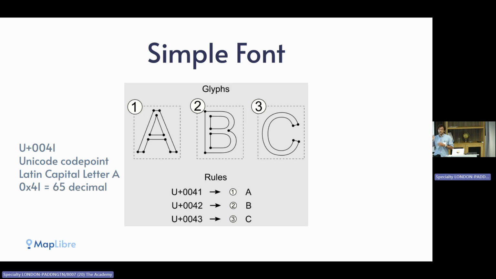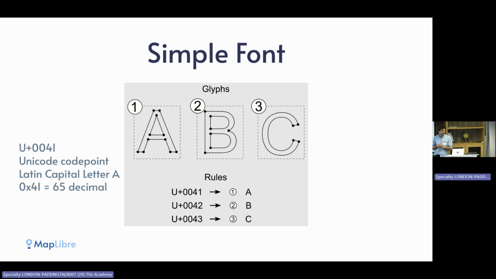The other part of the font is a set of rules, which tell you how to map input text strings to positioned glyphs. The rules are interpreted by the shaping engine: you give it the rules in a font file and the text you want to render, and the output is the positioned glyphs.